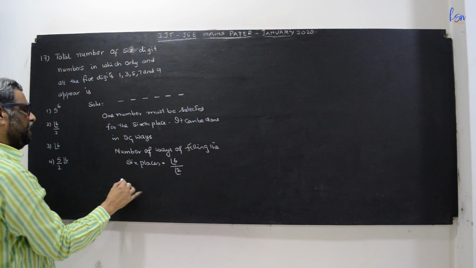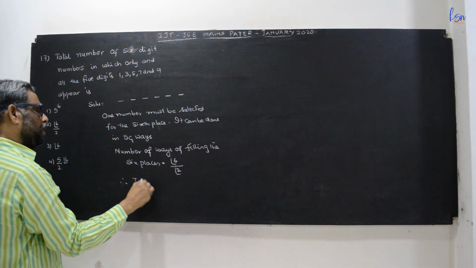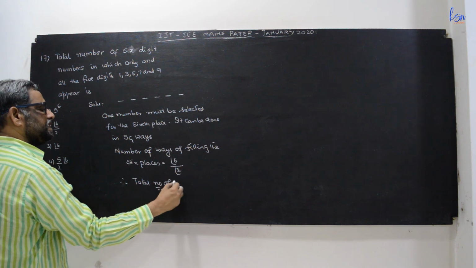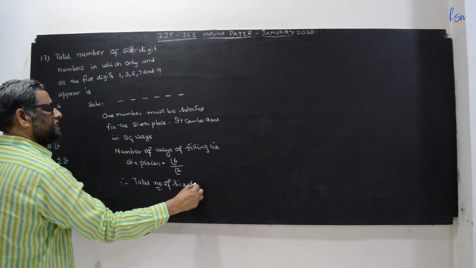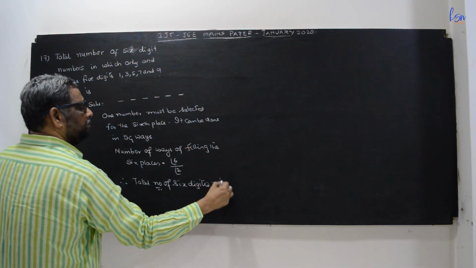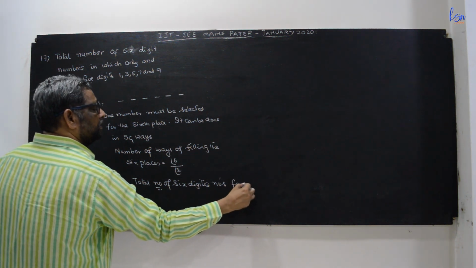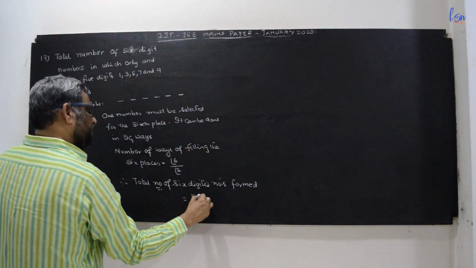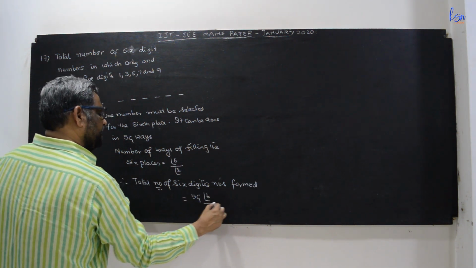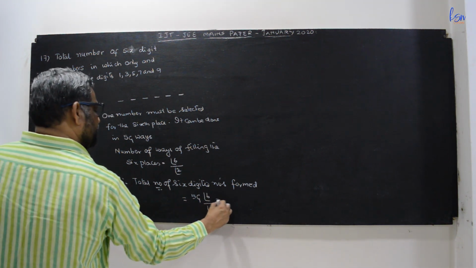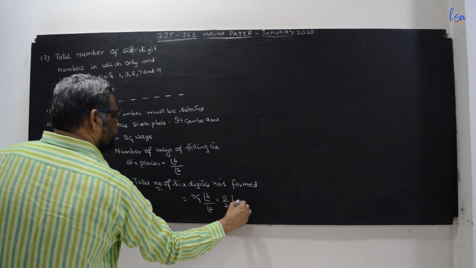Therefore, the total number of 6-digit numbers formed is equal to 5C1 into factorial 6 by factorial 2, which is the same as 5 by 2 into factorial 6.